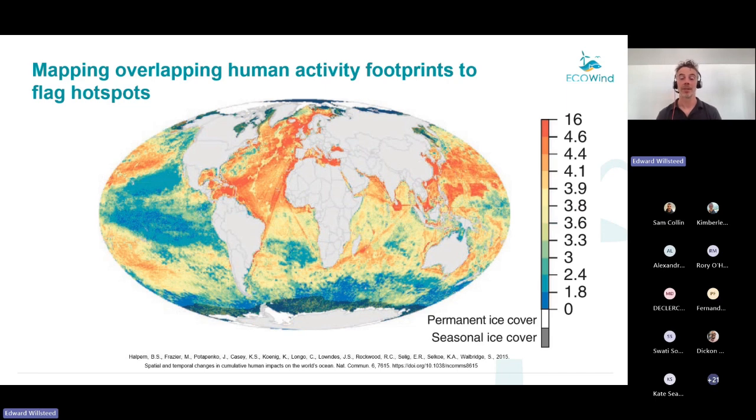They layered spatial data sets of human activities over spatial data sets of sensitive habitats to flag global hotspots. And you can see that UK waters are among those with the highest cumulative impact score as defined by the methodology presented in that paper. Now, there are important assumptions that need to be understood, but the point here is, cumulative effects are the norm.